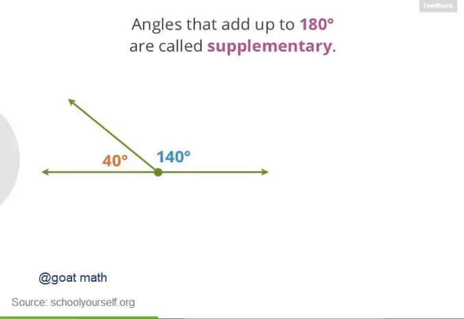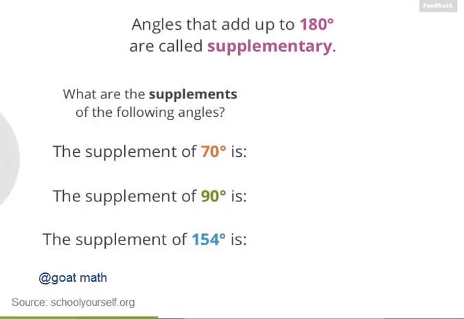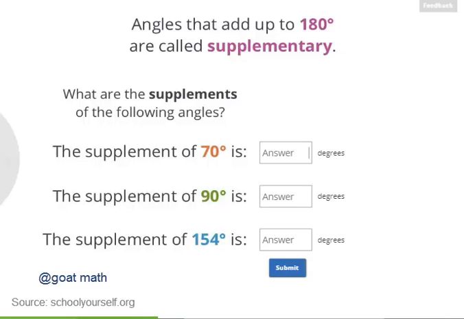Now angles that add up to 180 degrees are called supplementary angles. So these two angles, 40 degrees and 140 degrees, are supplements to each other because they add up to 180 degrees. So your next challenge is to find the supplements of angles measuring 70 degrees, 90 degrees, and 154 degrees.